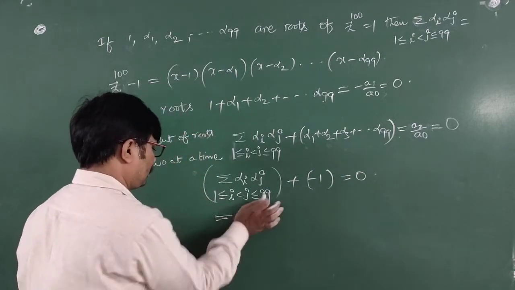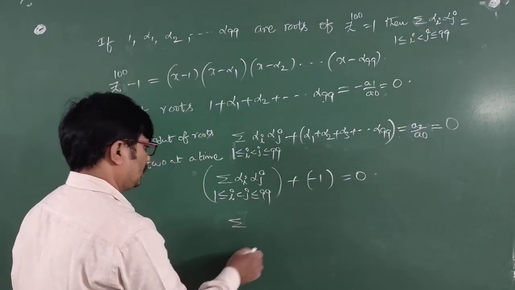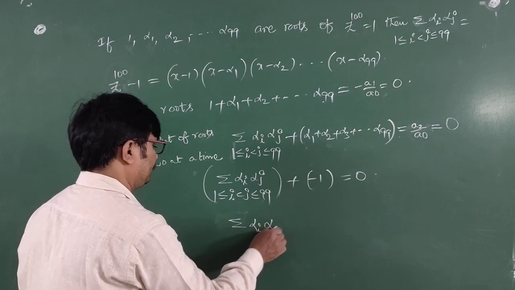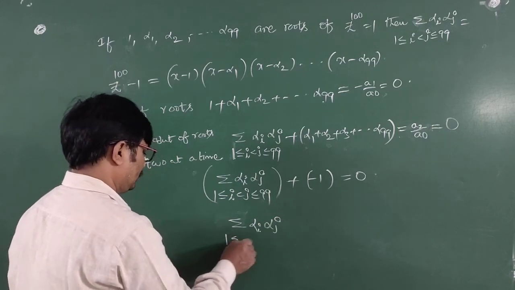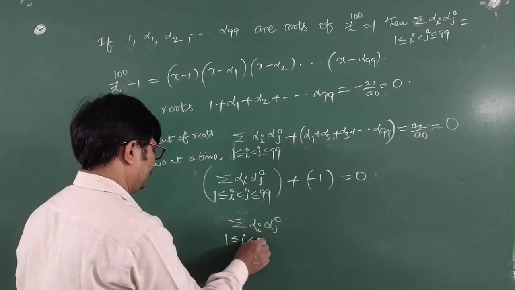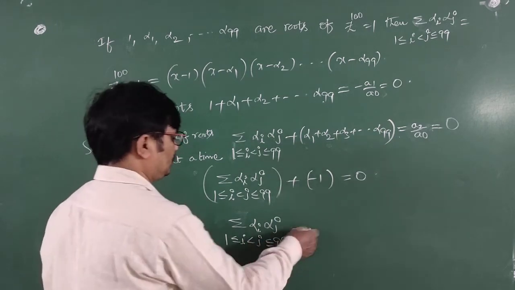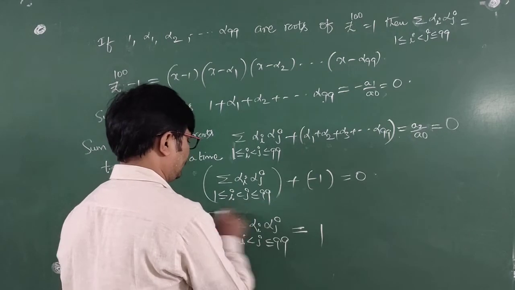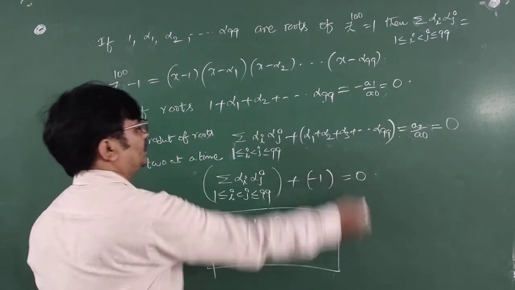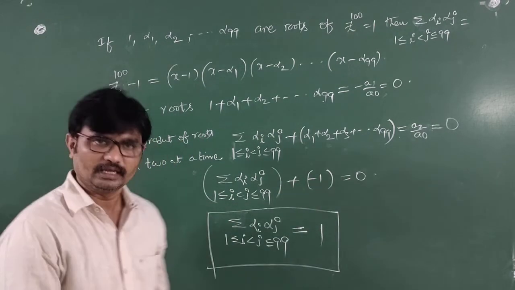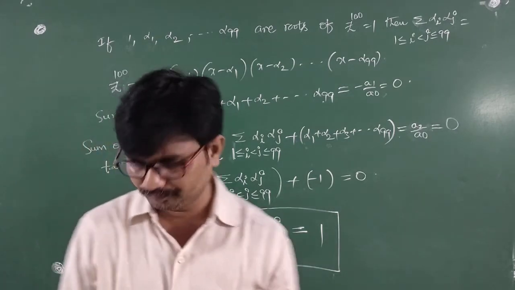So the required solution, sigma alpha i alpha j for 1 less than or equal to i less than j less than or equal to 99, will be minus 1 sent to the other side, plus 1. Okay, students?